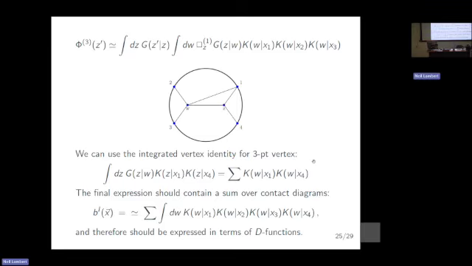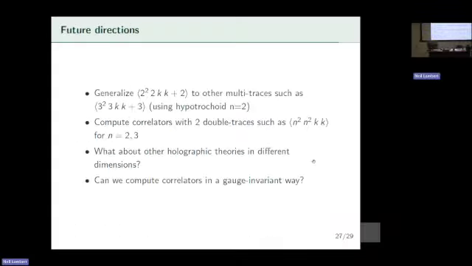And this is ongoing work, so we still don't have the exact result, but we showed already that the result can be expressed in terms of the standard D function, which gives us hope that we'll be able to match this result with the literature and further generalize it.